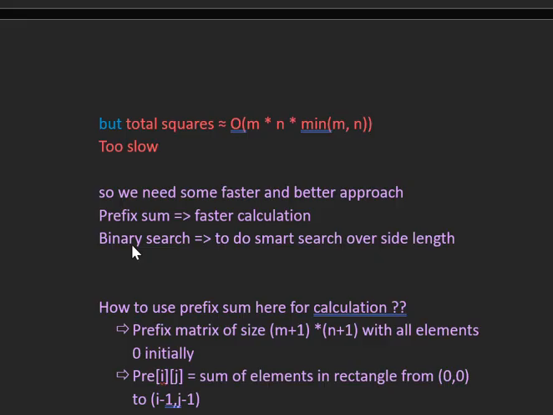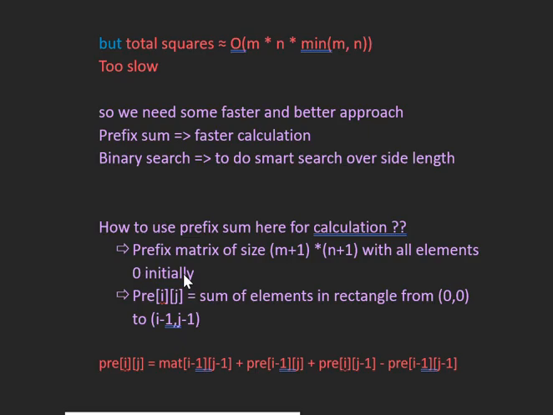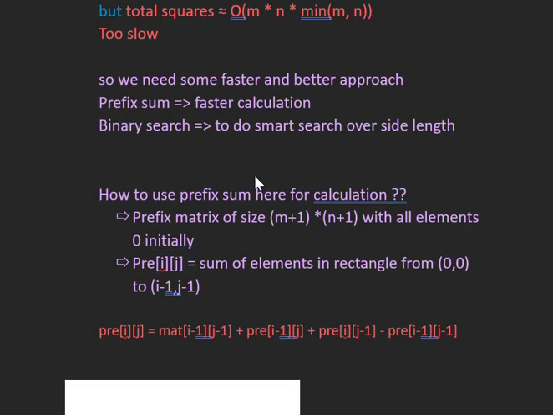We will be applying binary search on the possible side length of the square. Suppose we have a side length from 1 to 300. First we will check for 150. If it is possible for 150, then we will go for higher, else we will go for the lower side lengths. This way we will be using these two concepts here.